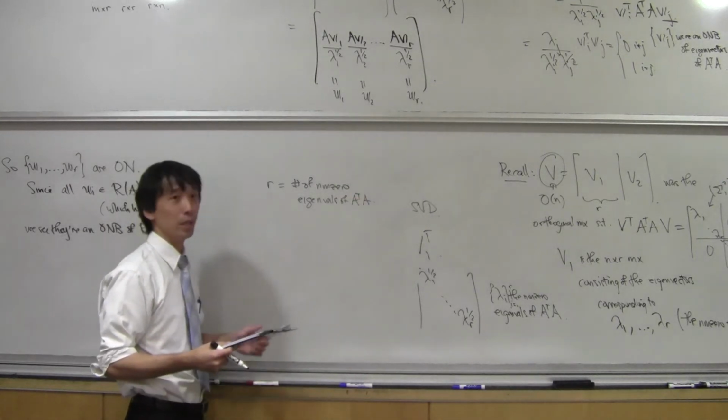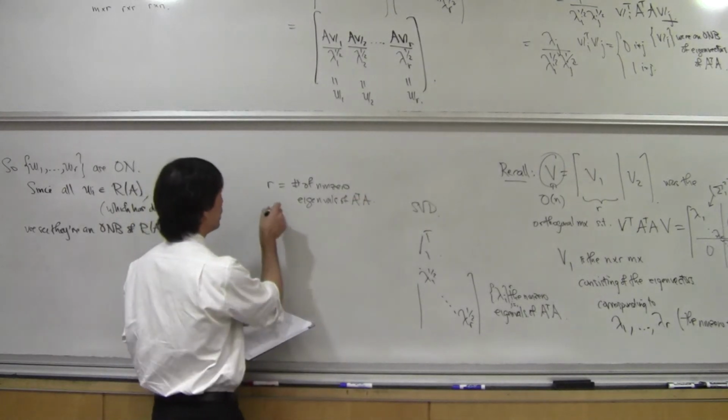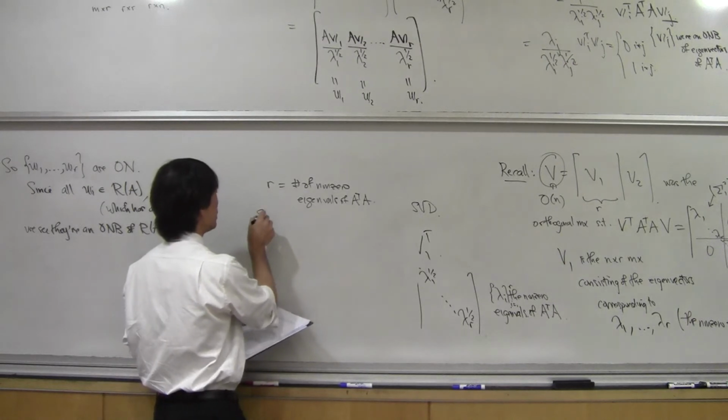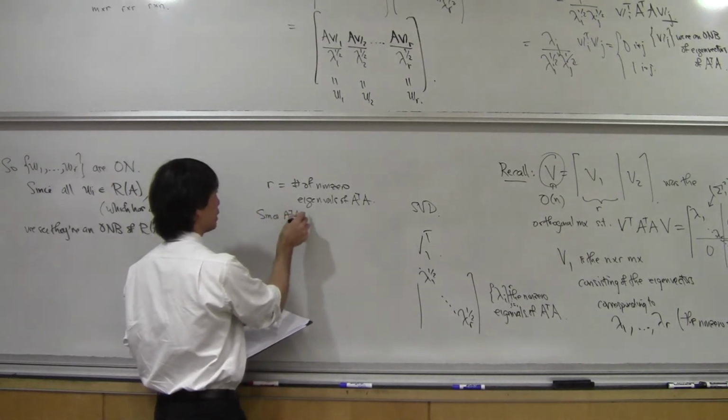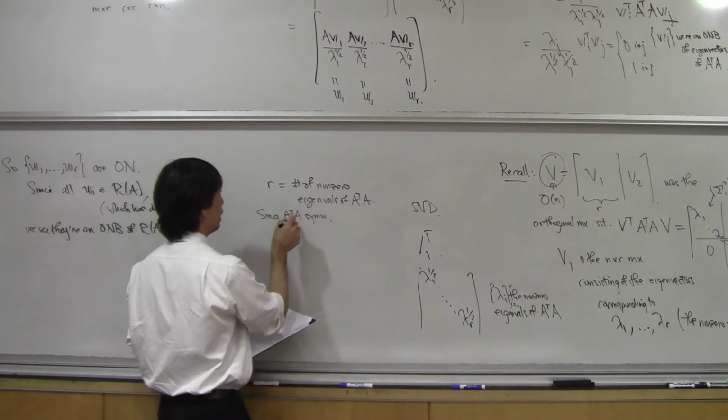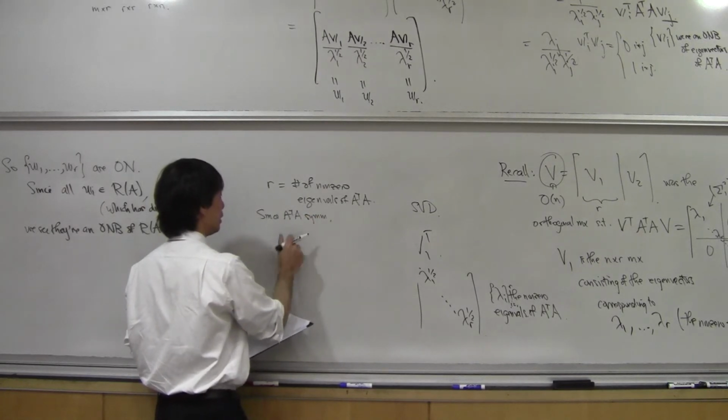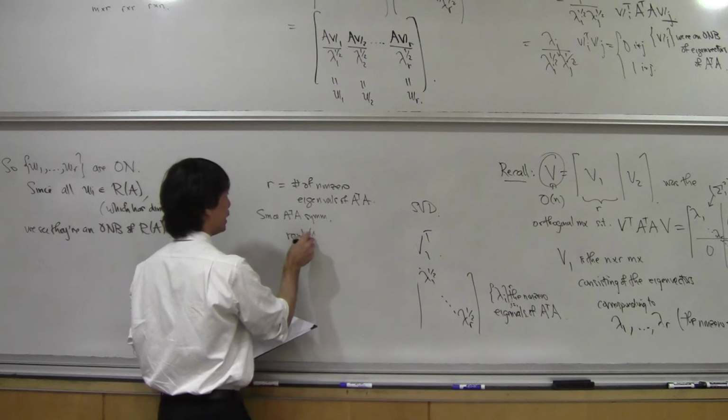Right? R was the number of non-zero eigenvalues of ATA. So since ATA is symmetric, the rank of ATA is R.